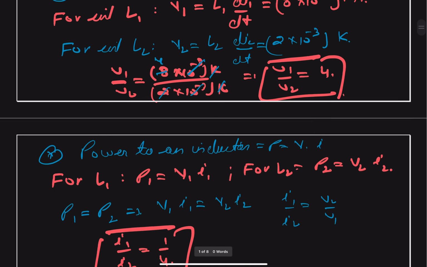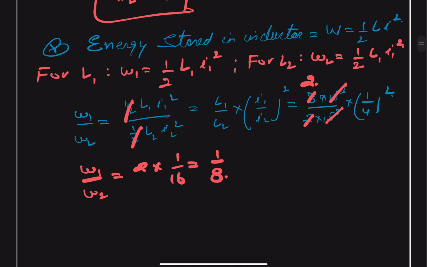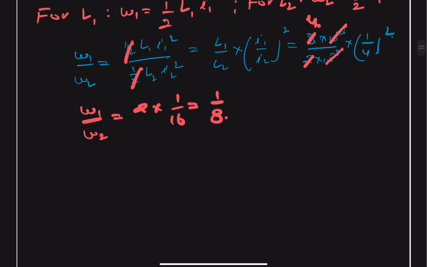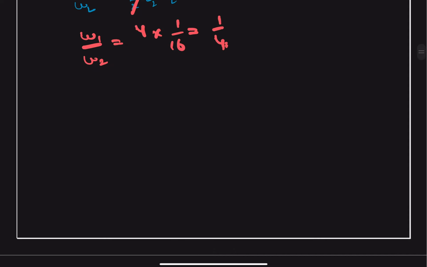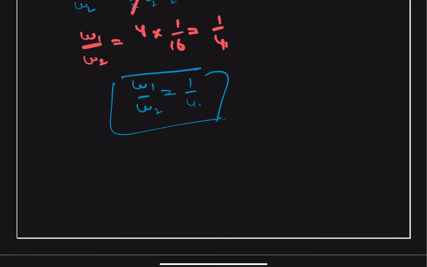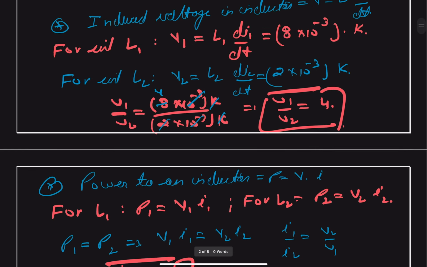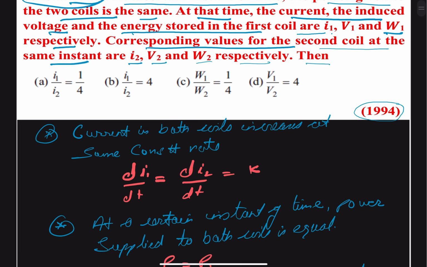Yeah, this is correct. Sorry, my mistake. This goes by 4, not by 2, and so here it is also 4, and this now comes as 1 upon 4. So we get W1 upon W2 is equal to 1 upon 4.